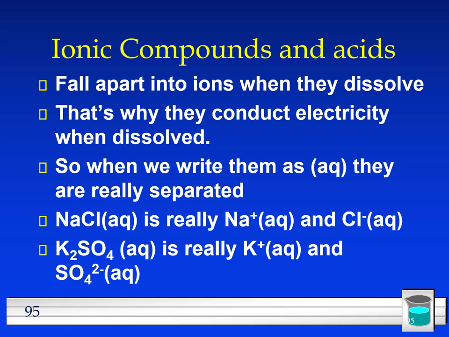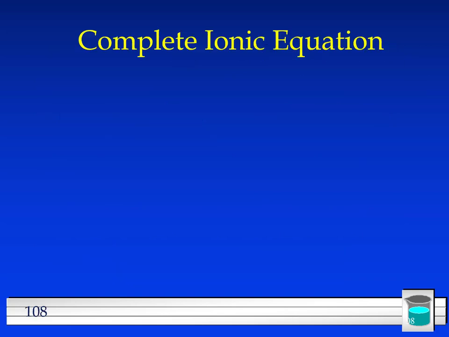So in sodium chloride, I make sodium ions and chloride ions. Okay, so only aqueous stuff is separated. So that's going to let us write a different equation. Actually, two different equations. One equation we write on the way to the other one.